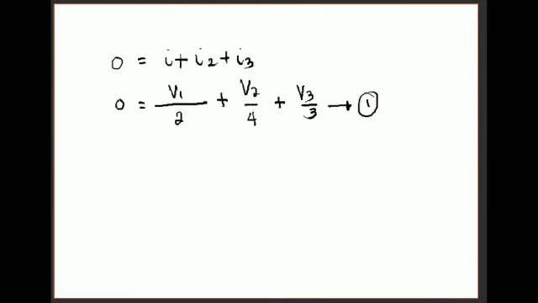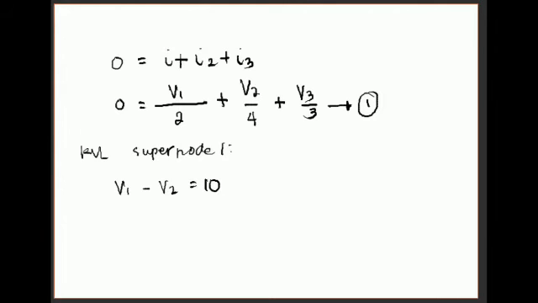Now we can apply KVL at our supernode 1. We have V1 minus V2 equals 10.